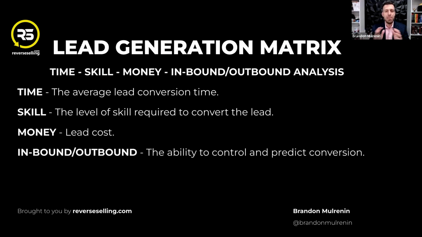And then inbound, outbound is probably the most important thing for all of you to really wrap your minds around as you grow your careers in this industry. Inbound, outbound simply means the ability to control and predict conversion.